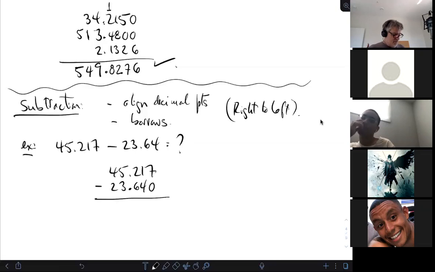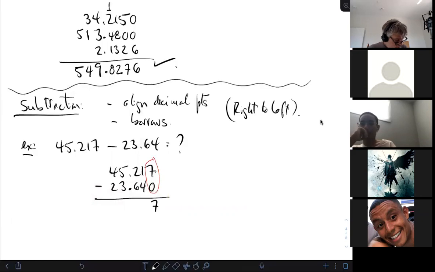Okay, so let's see. So I start with this digit here. I've got 7 minus 0. This is 7, nice and easy. Then I move on. 1 minus 4, I'm in trouble, right? 1 is smaller than 4, so I need to borrow.